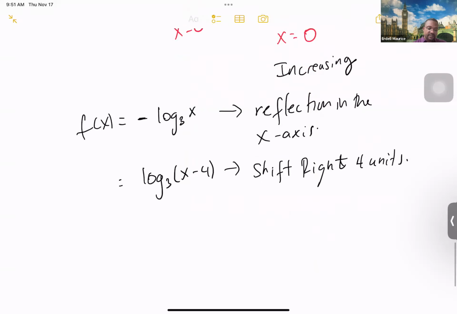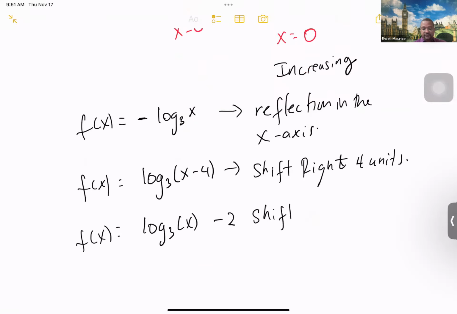If it's on the outside, log base 3 of x minus 2, that's a shift down 2 units. Any questions there?